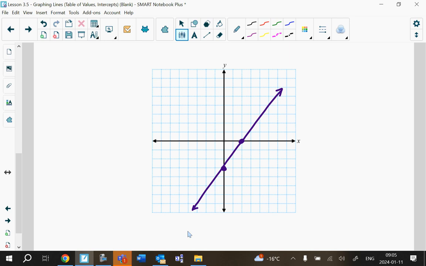Because what questions I will ask you is I will say, here's an equation, graph it using table of values. Here's an equation, graph it using intercepts. Here's an equation, graph it using the third method, which we'll talk about tomorrow. But then we'll reach the point where I'll just say, here's an equation, graph it however you want. And then you can just pick one of the methods.